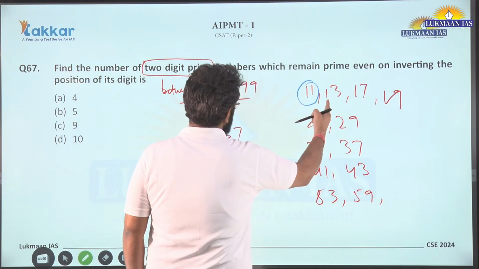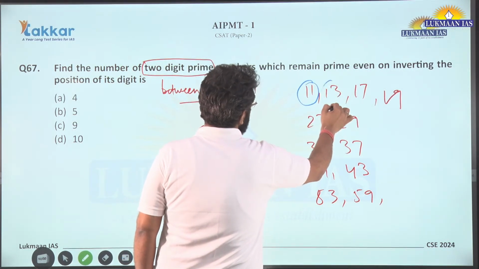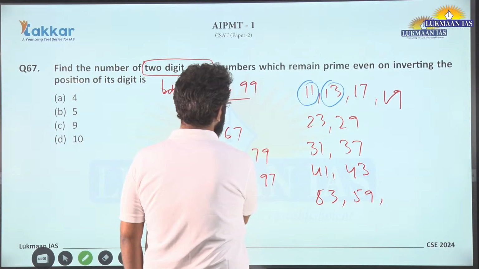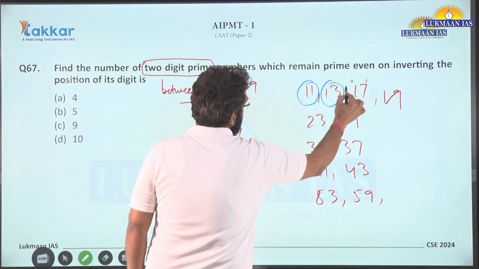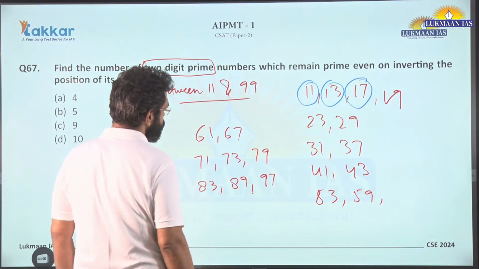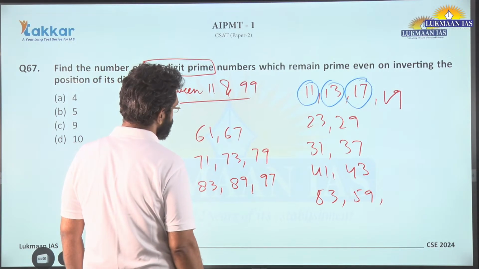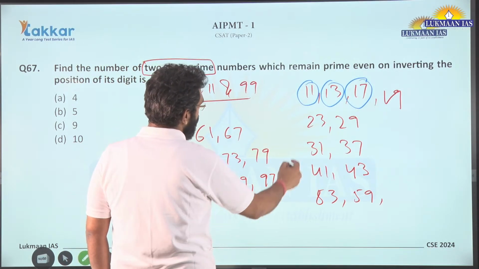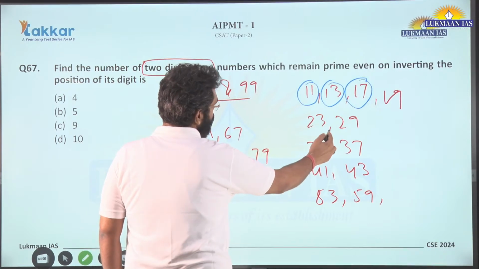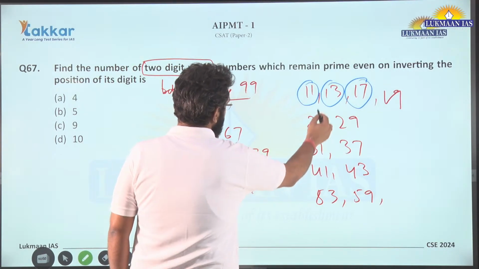11, 13, 31 would still remain prime numbers. 17, 71 are prime numbers. It will also remain prime. 23, 32, 29, 31.